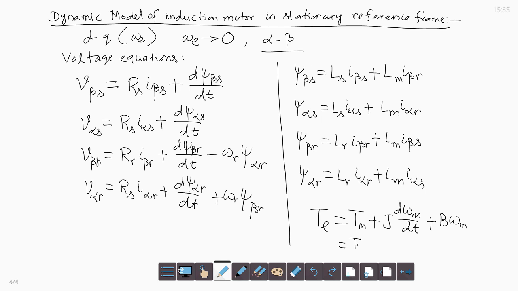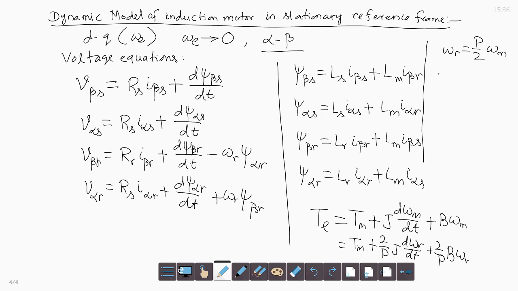If you want to use the electrical speed, it is 2 by P J d omega r by dt plus 2 by P B omega r, because omega r is the electrical speed, P by 2 into omega m. Omega m is the mechanical speed of the rotor and omega r is the electrical speed of the rotor.